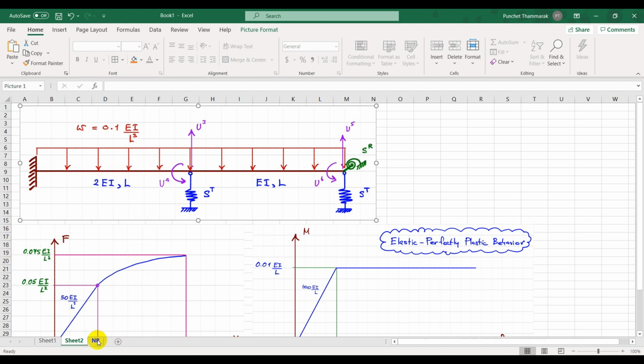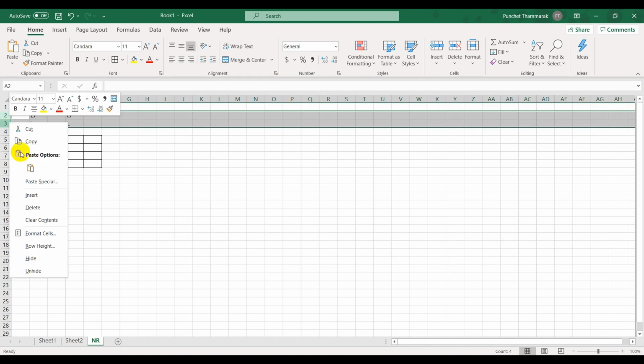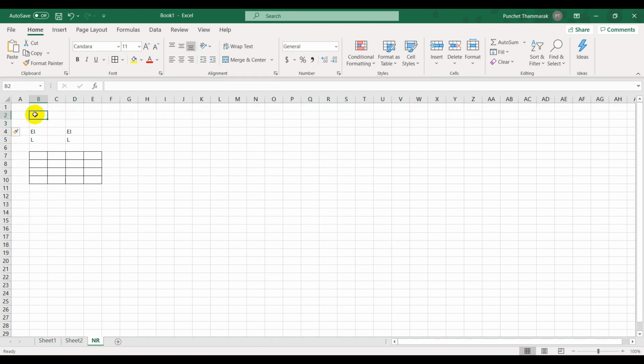So let's solve, but we need to prepare the infrastructure like this a little bit for the beam. So the left beam, and you're going to have the right beam there.